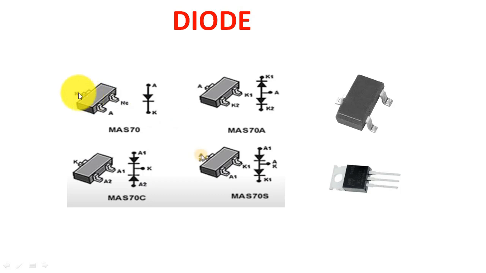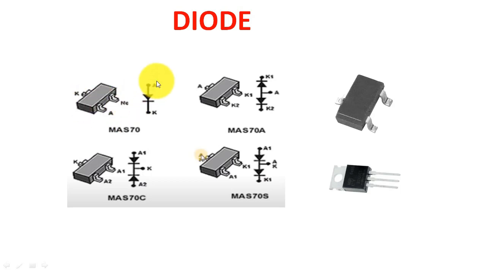You can see that the upper leg is the cathode, the lower left-side pin is the anode, and the right-side pin is NC, not connected.